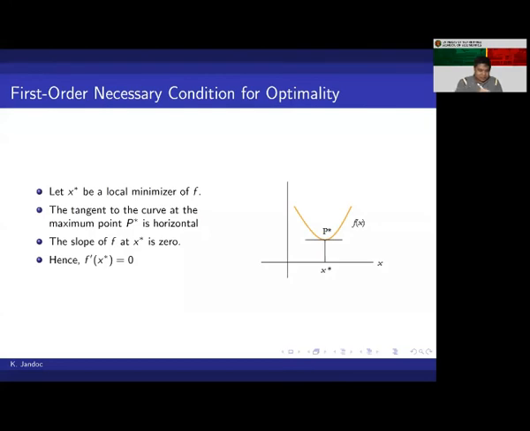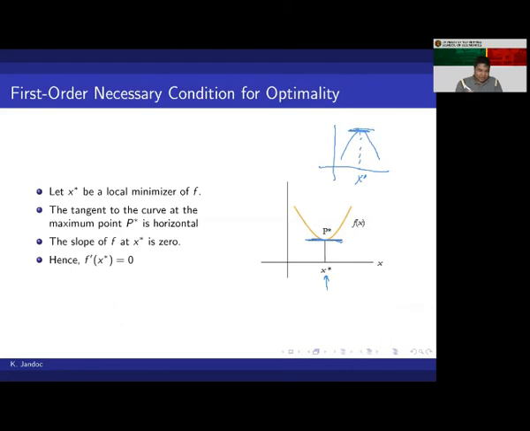In the same manner, suppose we have this function f of x. Now at x star, the value of the function is at its lowest, so x star is a local minimizer. Here the slope of the tangent line at x star is also horizontal. In the earlier case, where x star is a maximizer, the slope there is horizontal.